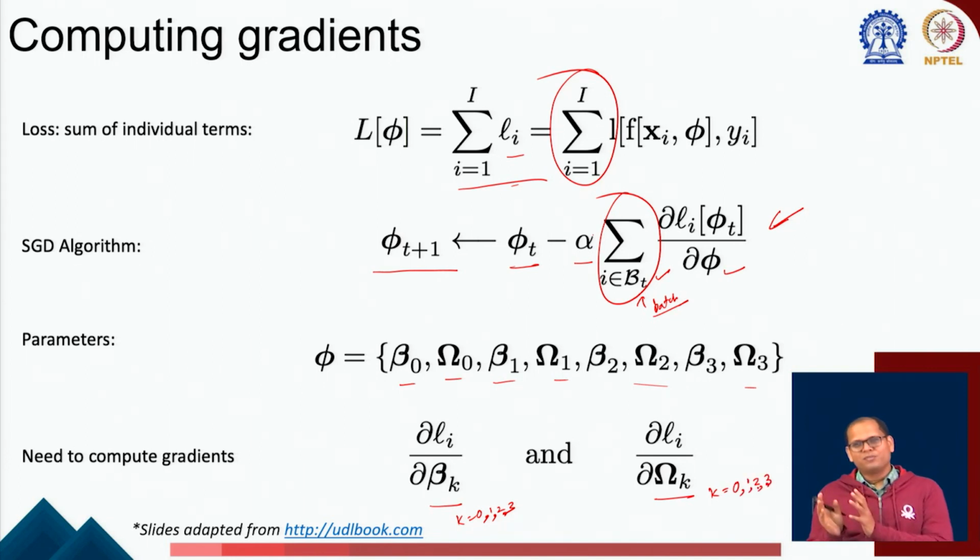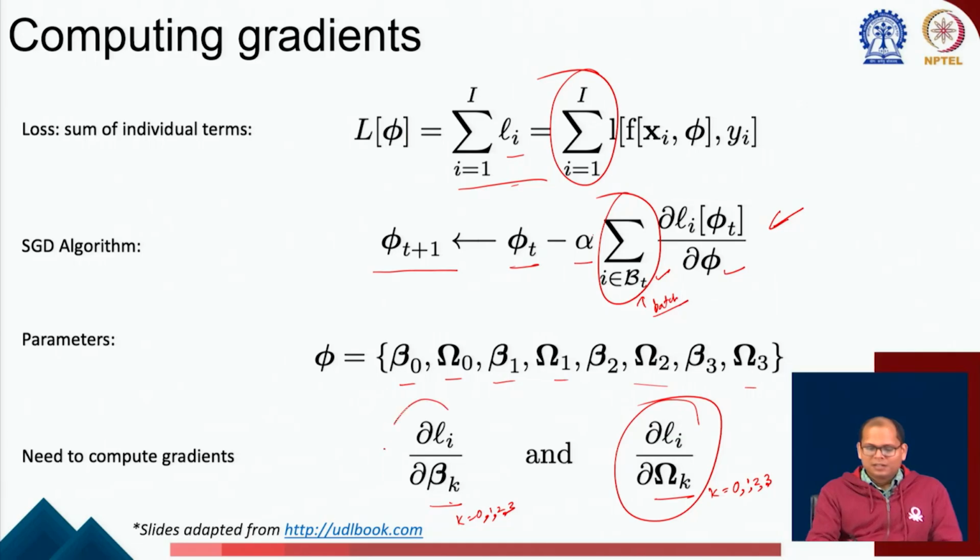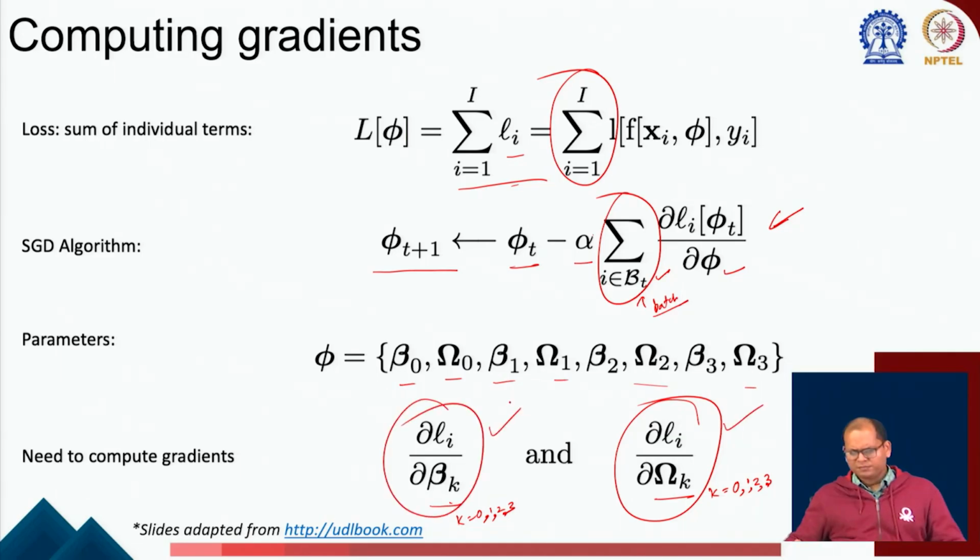I have to compute all of these. Once I have these individual derivatives, I can update my betas and omegas to the next better value, and I keep on doing that. So I need to compute the derivative of the loss with respect to these parameters.